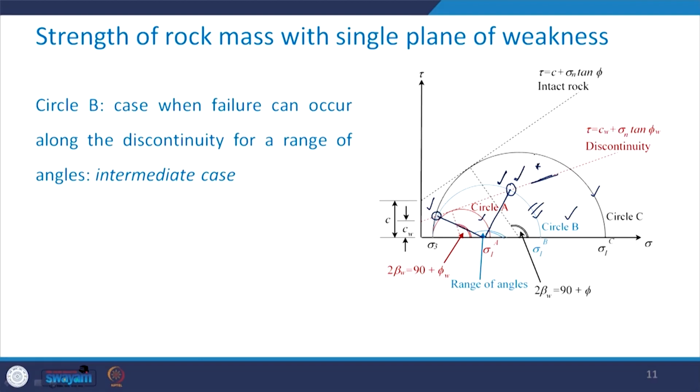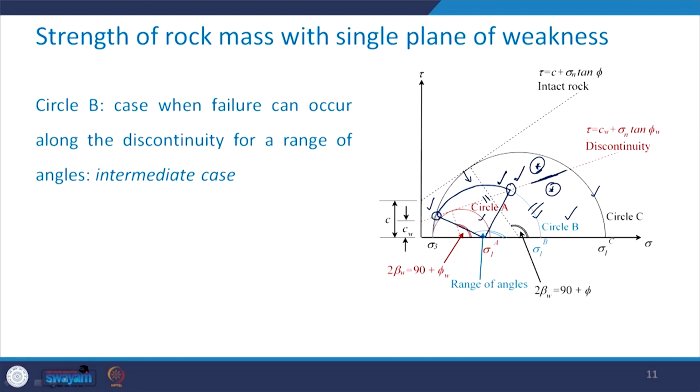Now, you know that any state of stress which is lying above this will signify the state of failure. If it is lying below this, that means still the rock mass has not failed along the discontinuity. Now, you see this part of the circle. This is lying above the discontinuity envelope, but well below the intact rock envelope.